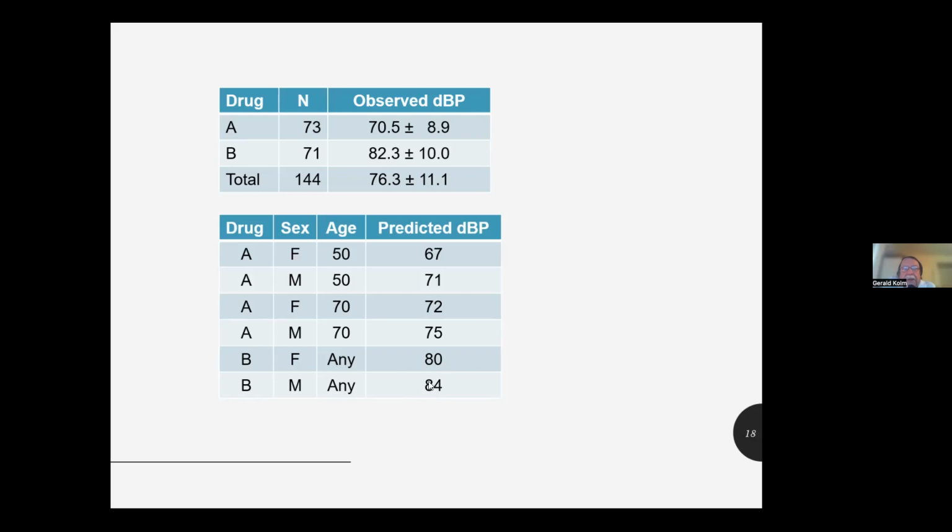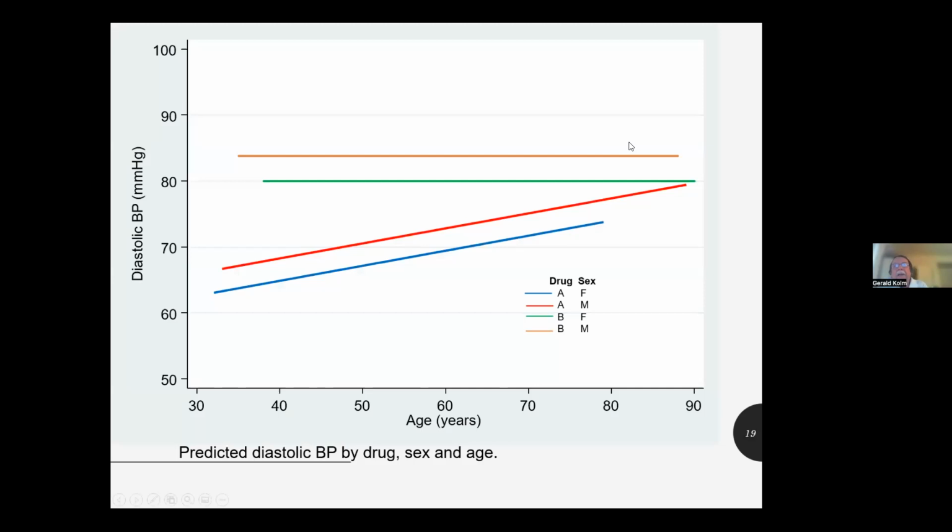For males, it's 84. Now, to really understand this and get a picture of what's going on in our example here, what we do is we graph the predicted regressions. So here are the predicted regression lines from our model that has drug as a function of age, sex, and age by drug.